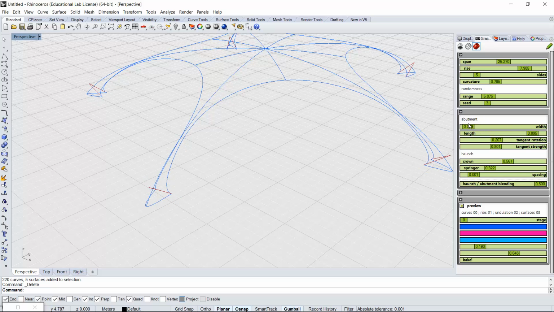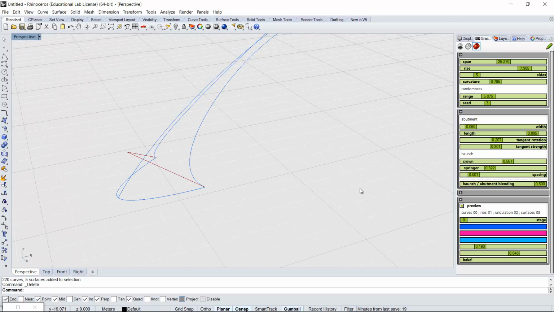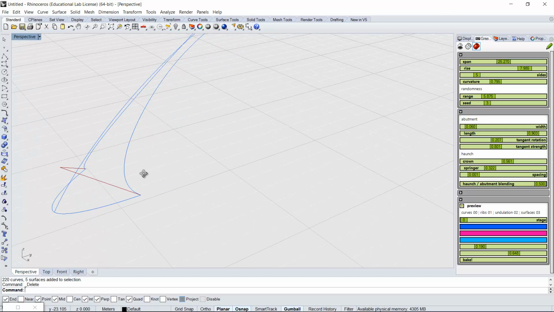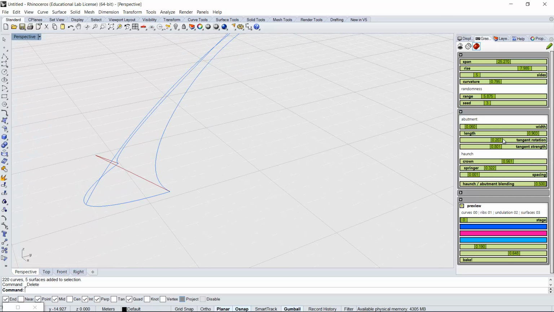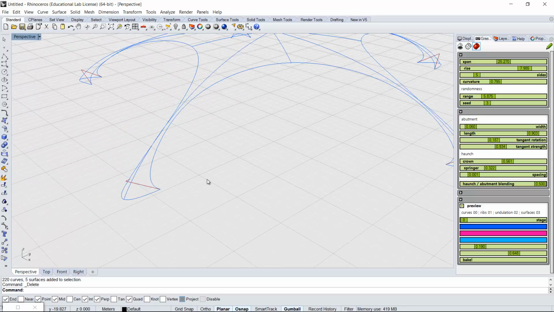I mean this by width, and the length is actually where these points are located. And there are two parameters controlling the tangent vector at the bottom of the structure. This controls its rotation, and this controls its strength.